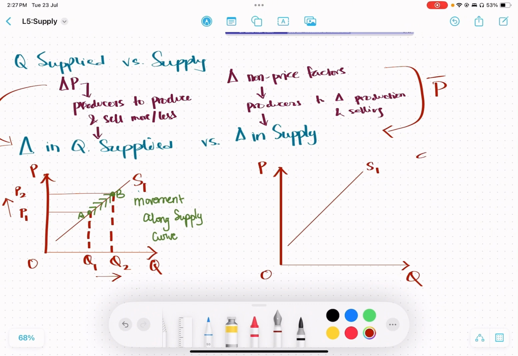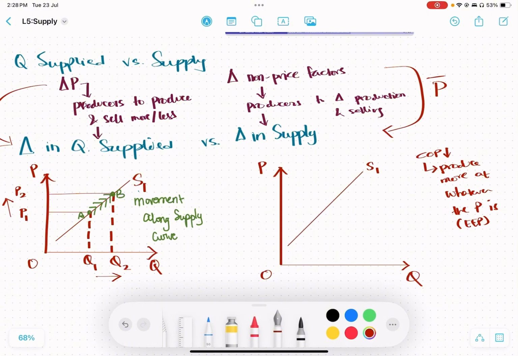Let's say that now something has happened that has made the cost of production fall. So it's now cheaper to produce the good. In that case, what will producers do? They will produce more at whatever the price is, right? In other words, at each and every price, they're now willing to produce and sell more.